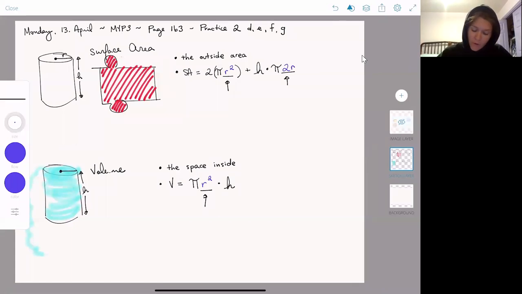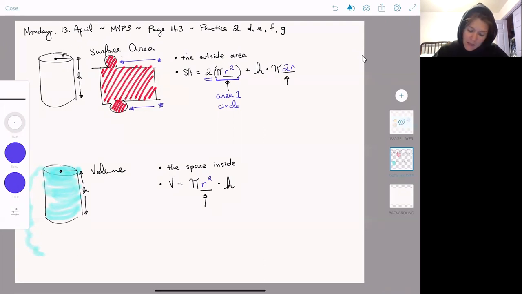So remember that this one, when we're measuring the surface area, we have two circles that we're looking for the area for. This whole thing is the area of both circles, but this part here measures the area of one circle. And remember, the 2 is because we have 2 of them.